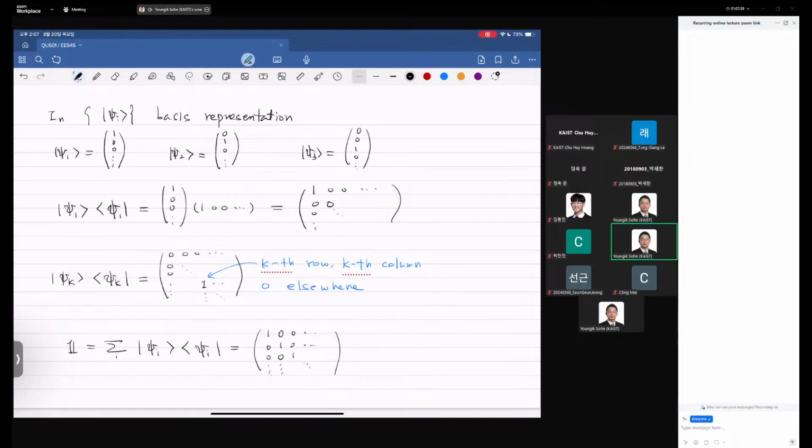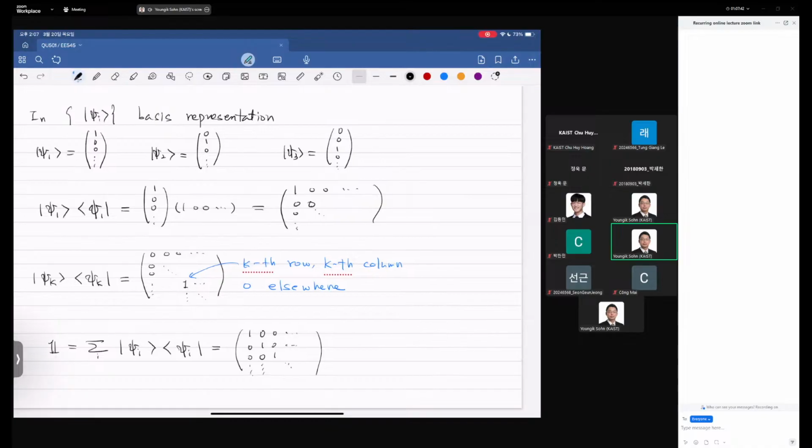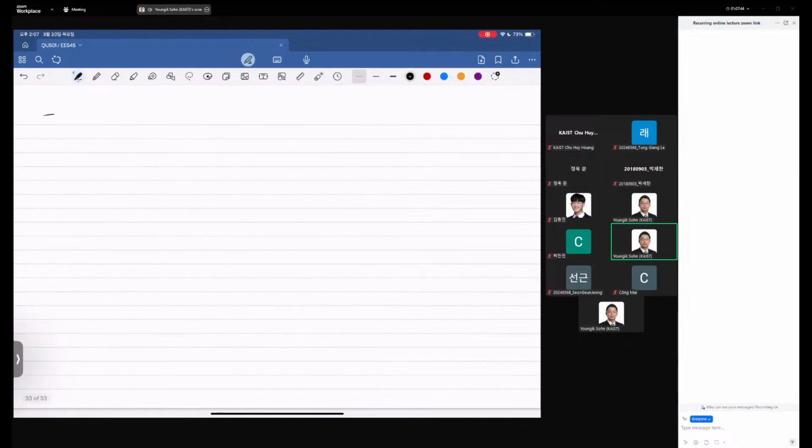Okay, and the next one is very trivial. It's the inverse operator. Right? Since you guys have learned matrices, inverse is easy to think about. An operator is a matrix, so if the matrix is an inverse matrix, you can think of that operator as an inverse operator, right?